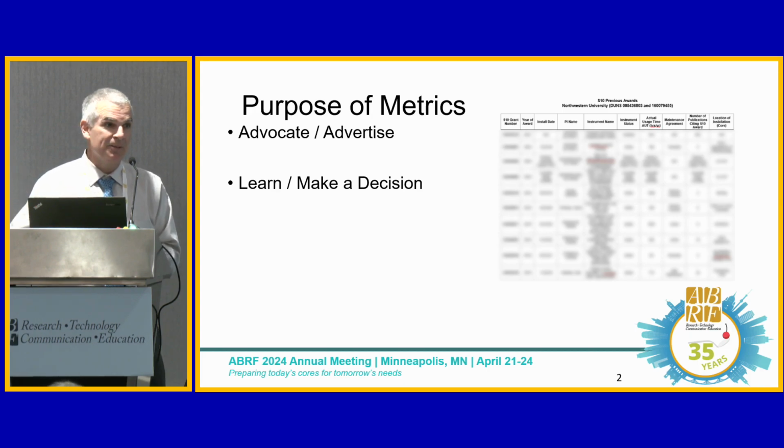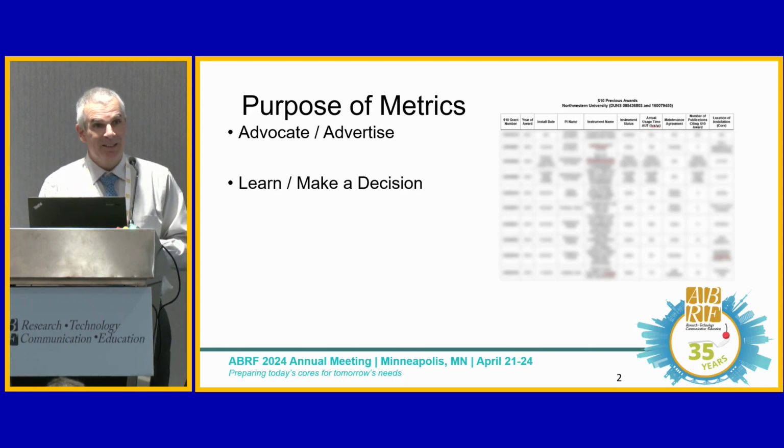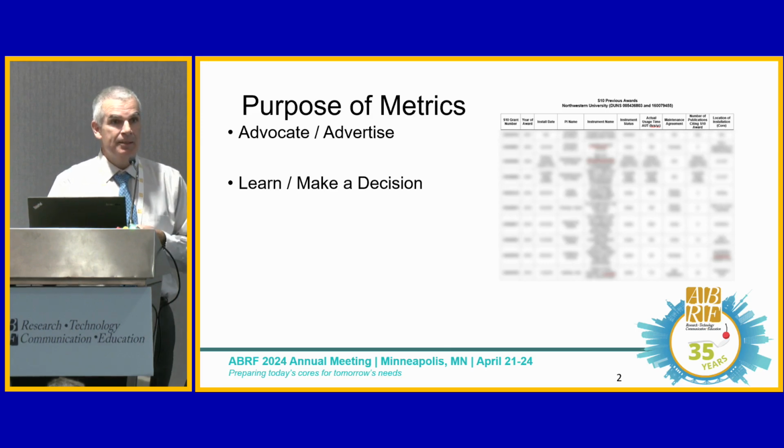And they get used. I've seen both sides of this review process where it's helped and hurt grants. And so you can start to see places where you're going to use metrics to either advocate for yourself or hopefully learn.